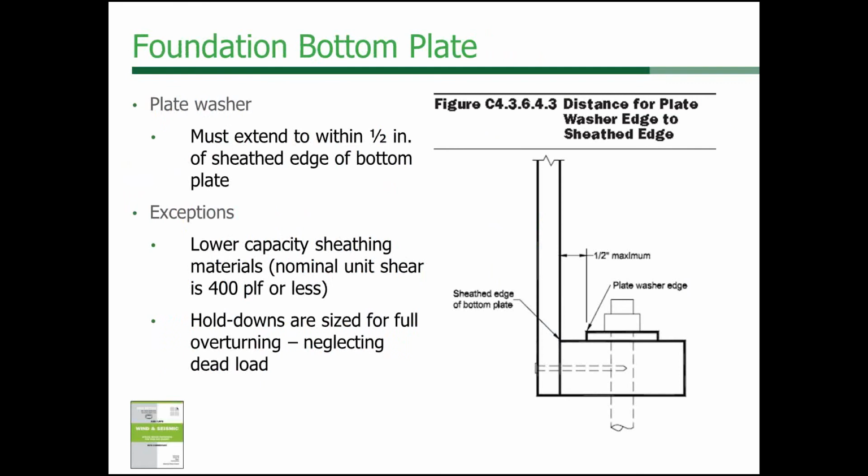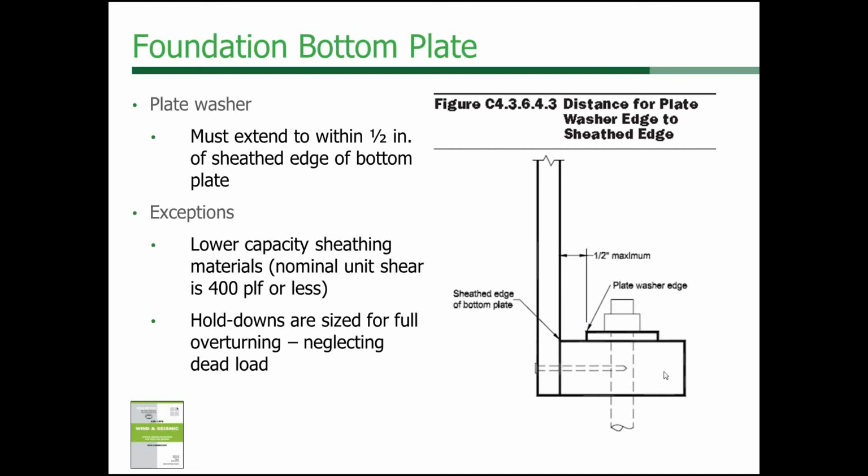The other area that we talked about is that bottom plate, where you have nominal shear capacities of greater than 400 pounds per linear foot, it's going to require a plate washer, and that plate washer needs to be within 1/2 inch of the wood structural panels.